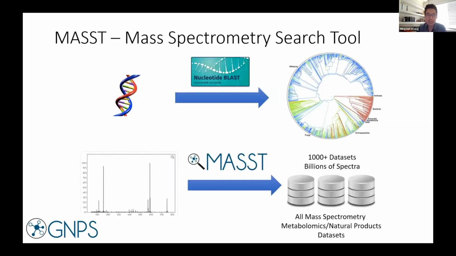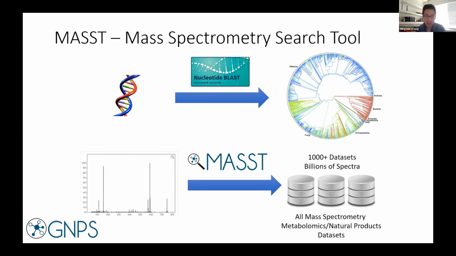The idea is, if you can do this with DNA sequences to BLAST all of the Short Read Archive or EBI or the NCBI taxonomies, shouldn't we be able to do the same thing if we have a tandem mass spectrum and we have all this public data? We should be able to ask the same questions, like which data sets have we seen this particular molecule in, and be able to do that relatively quickly.